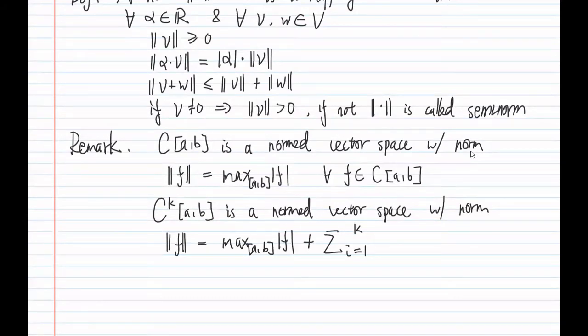So it's going to be the maximum, also on the interval [a,b], of the absolute value of the ith derivative, on this interval [a,b]. Also notice that this is a norm, and the terms in the summation are all semi-norms, right? So a norm plus a semi-norm is going to be a norm, and a semi-norm plus a semi-norm is still a semi-norm.